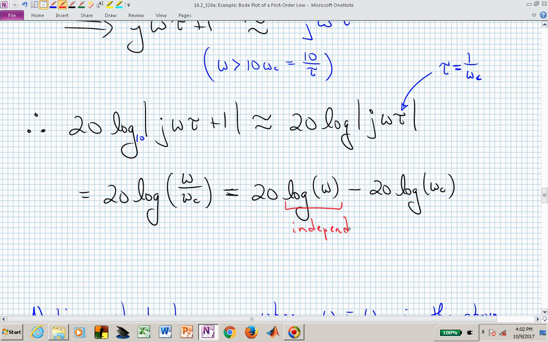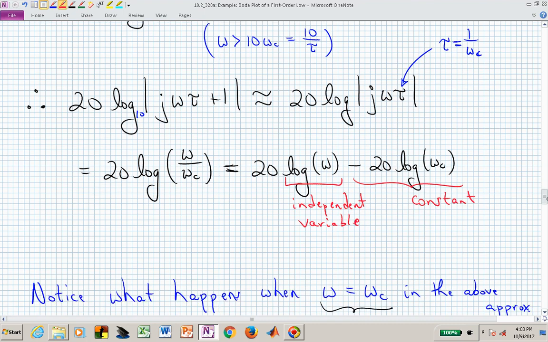So in fact, we now have this independent variable, our x, scaled by 20. And what is this piece? Well, this is just a constant, because omega sub c is fixed. This is just a constant value.